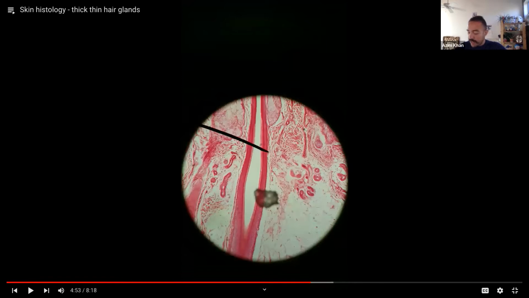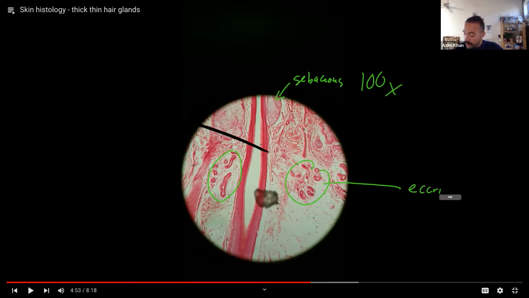This is back at 100x. These glands here, so sebaceous you can see up here. But these glands you see down here, they're darker and the lumen is pretty small. These are apocrine pseudoriferous glands.